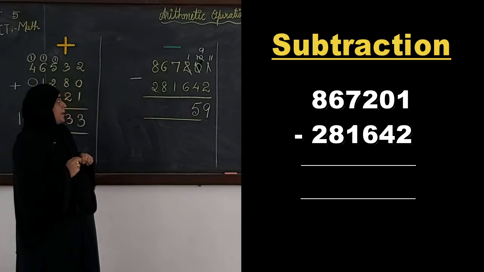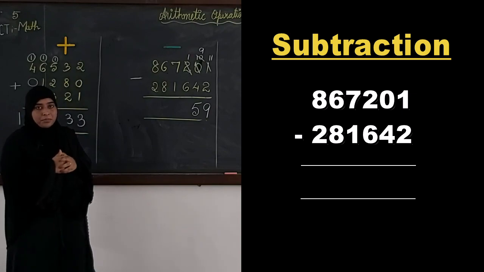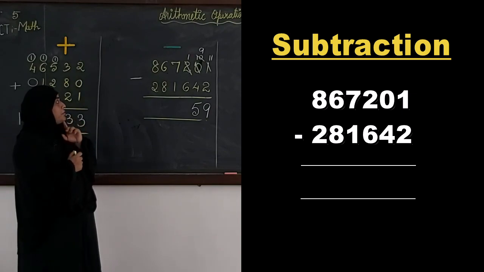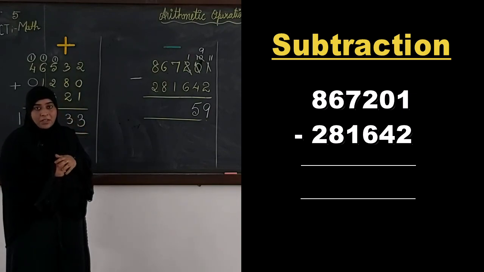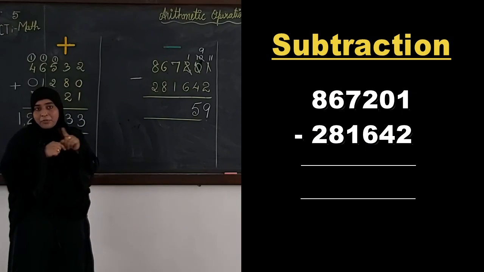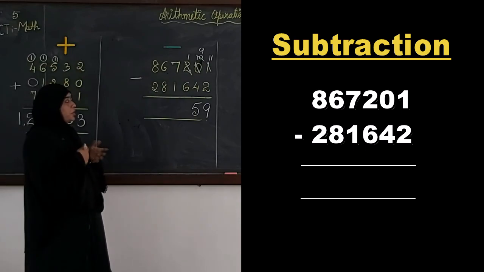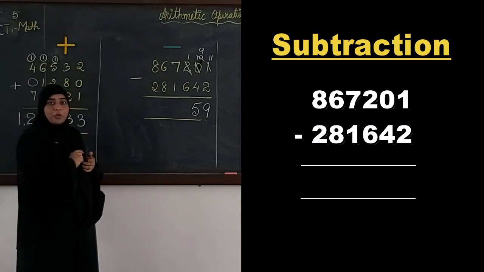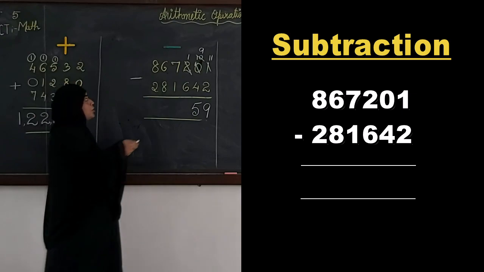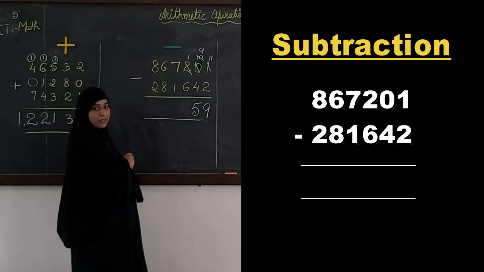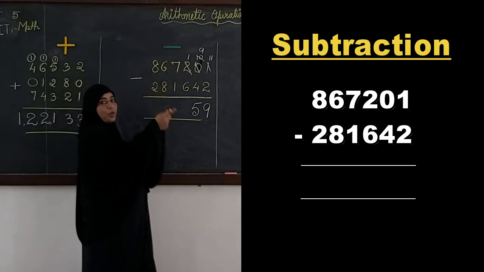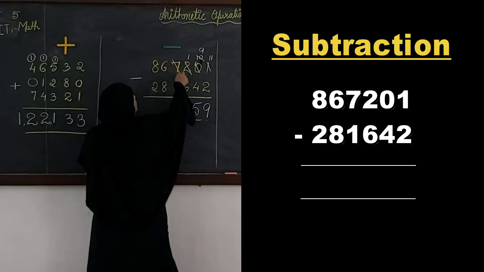Okay. Now third place, again we have a problem. There is 1 and we have to minus 6 from it. 1 chocolate I have, but I have to give away 6. Is it possible? Not possible. So what do we do? Again we have to borrow from our friend, right? So the friend here is 7. So from 7 we will borrow 1. Okay.